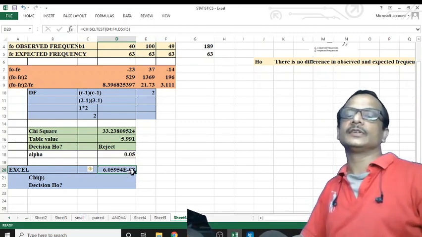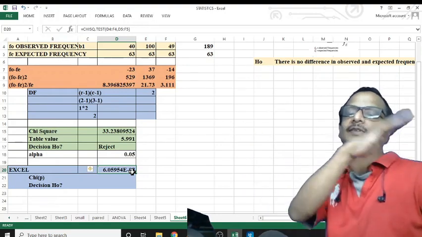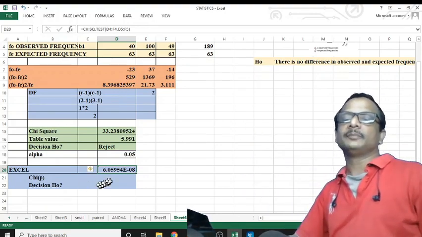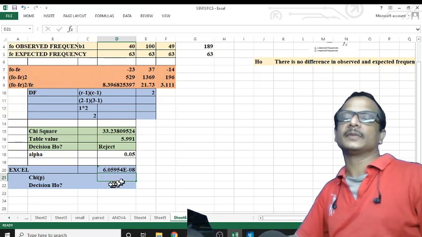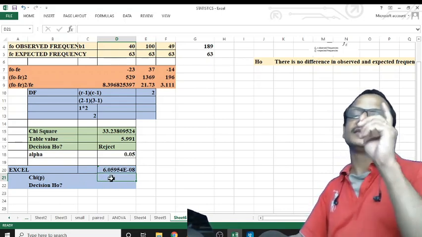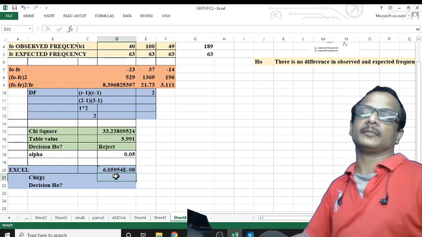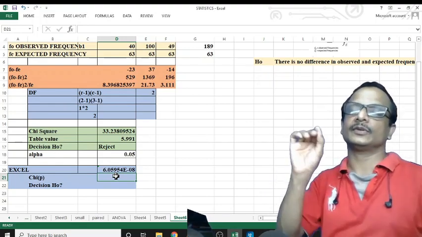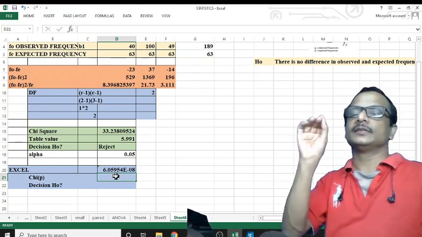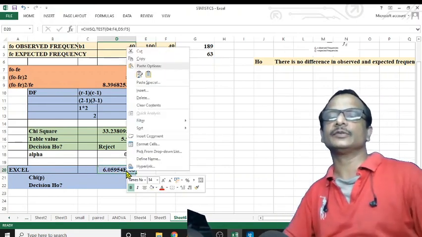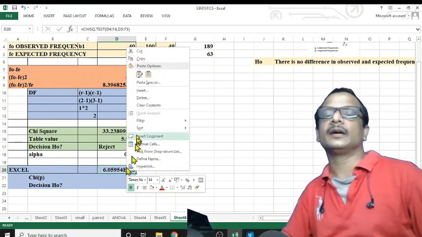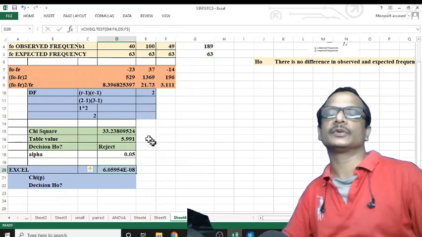That means 0.000006. The chi-square p-value is... we can convert it into number, then we can observe the exact value.